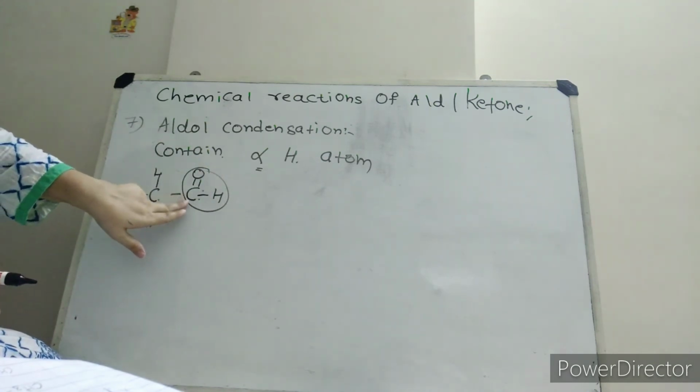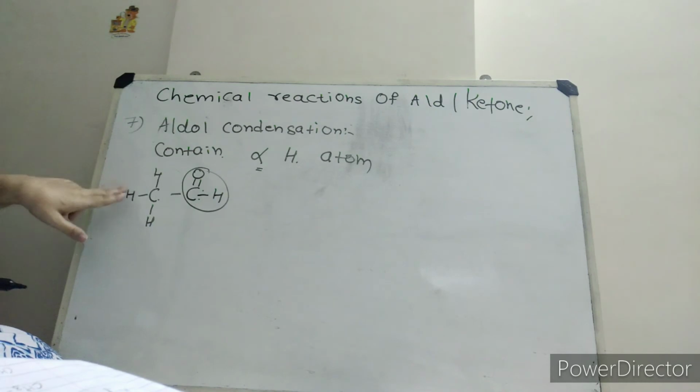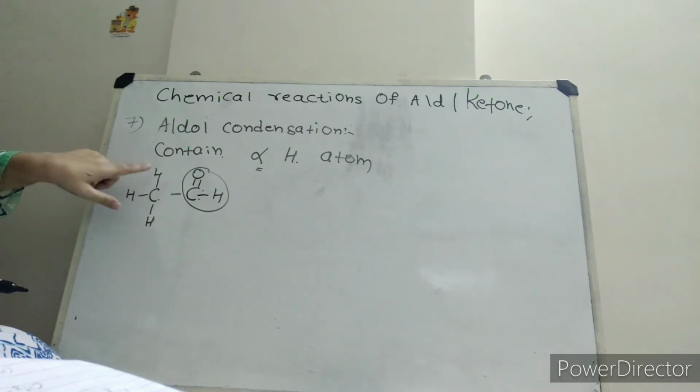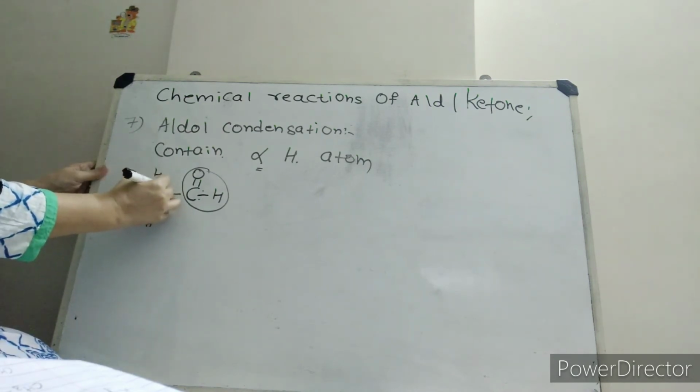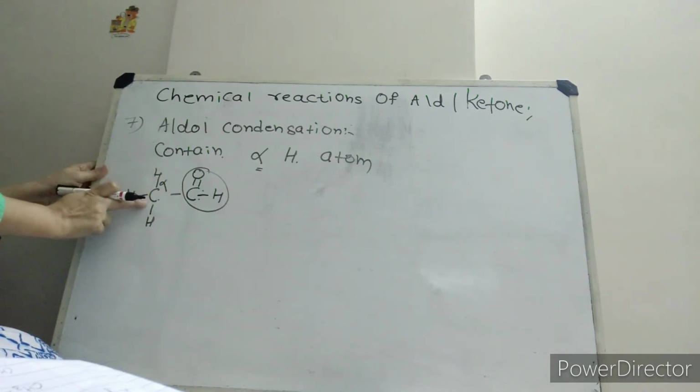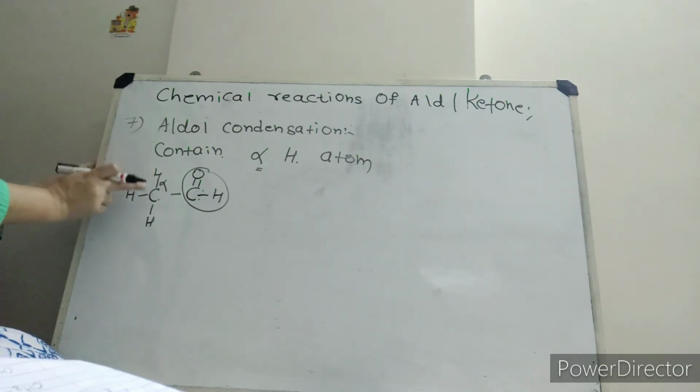If the carbon before this functional group, the second carbon, has a hydrogen atom attached to it, then it is known as the alpha. This carbon is known as the alpha carbon. Hydrogen is attached to this carbon, so it is known as the alpha hydrogen atom.